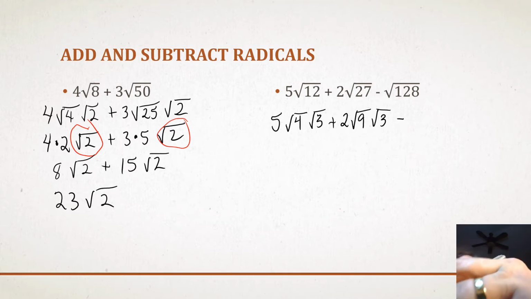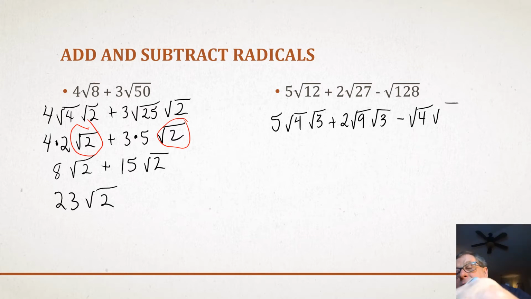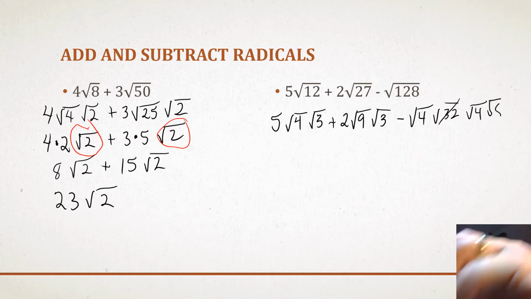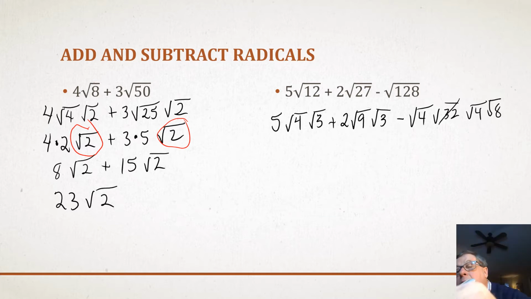Let's see, let me just work this out. I'm going to go first by the square root of 4. So that's square root of 4. What's that going to leave me? 4, that's going to be 32. And I can rewrite the 32 as the square root of 4 times the square root of 8. But you know what? I could write the square root of 8 as the square root of 4 times the square root of 2. Hopefully that's not too confusing.